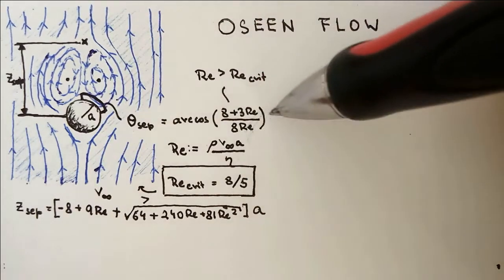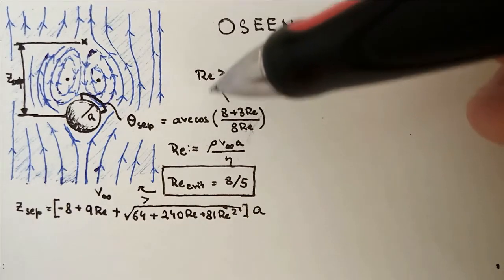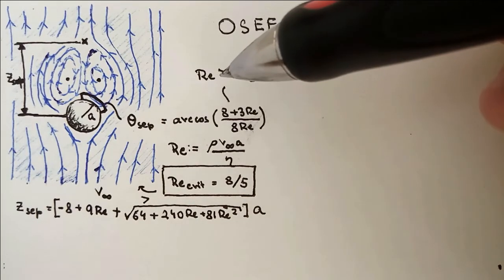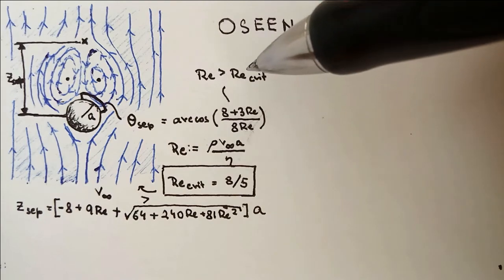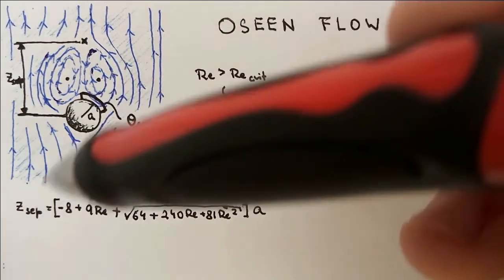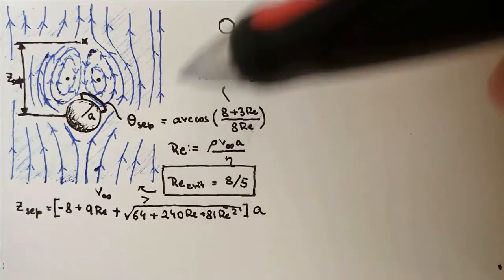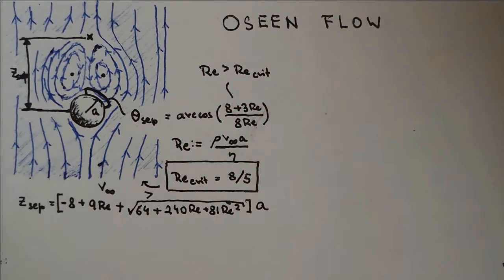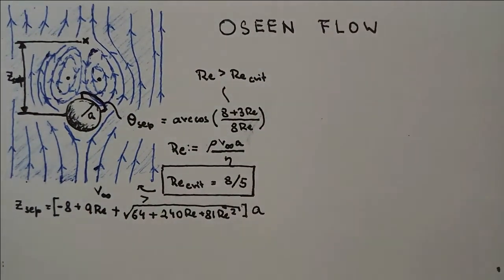This angle is computed by this equation. Again, this equation holds only when the Reynolds number is greater than the critical Reynolds number, 8/5. This picture is, for example, a Reynolds number of about 10 or 20.